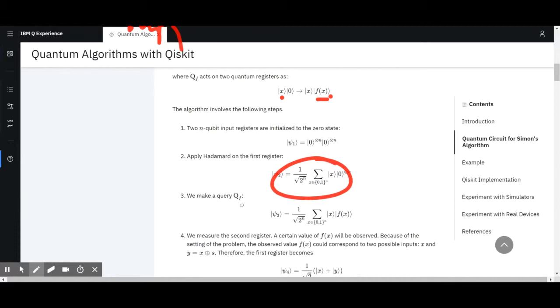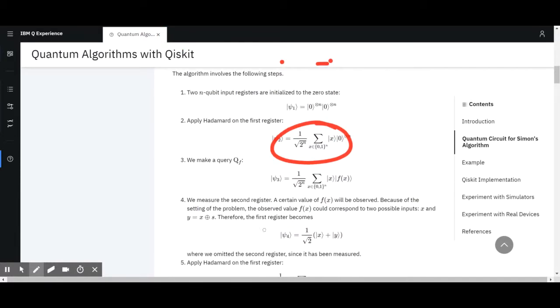We make a query QF. We measure the second register. A certain value of fx will be observed because of the setting of the problem. The observed value fx could correspond to two possible inputs, x and y.